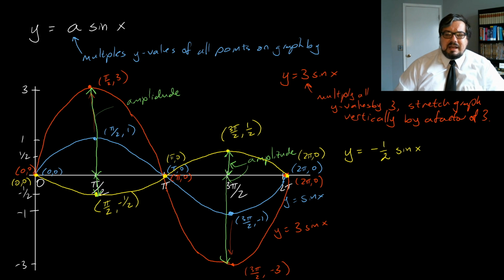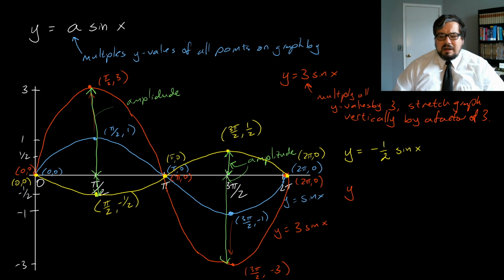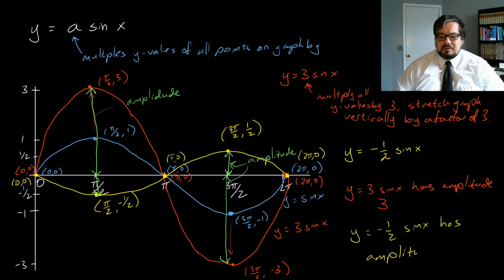So we say that y equals 3 sine x has amplitude 3, and then y equals -1/2 sine x has amplitude 1/2.